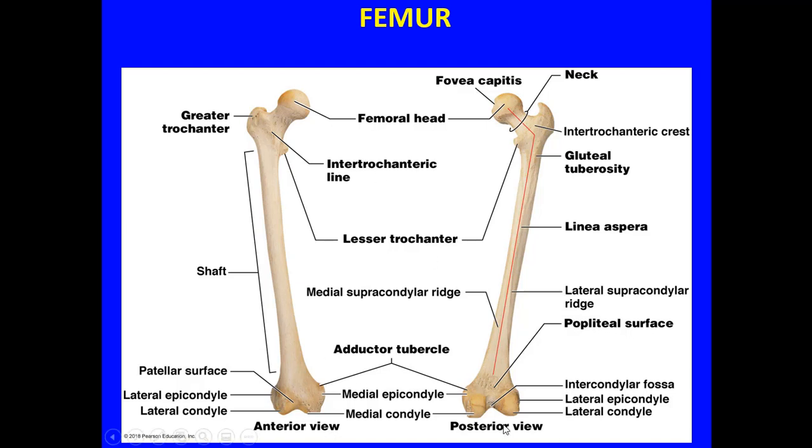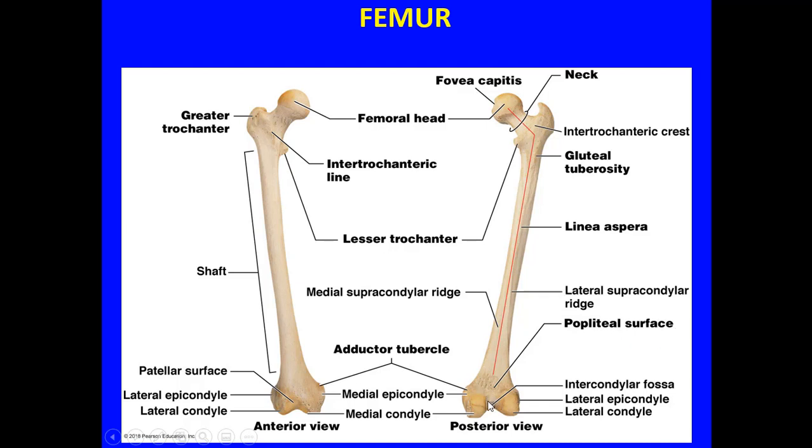If we look posteriorly, look in the opposite direction, what you're going to see, of course, is the intertrochanteric crest right here. The gluteal tuberosity, yes, the gluteal muscles attach. The linea aspera, the lateral supracondylar ridge. Here's the medial one down here.